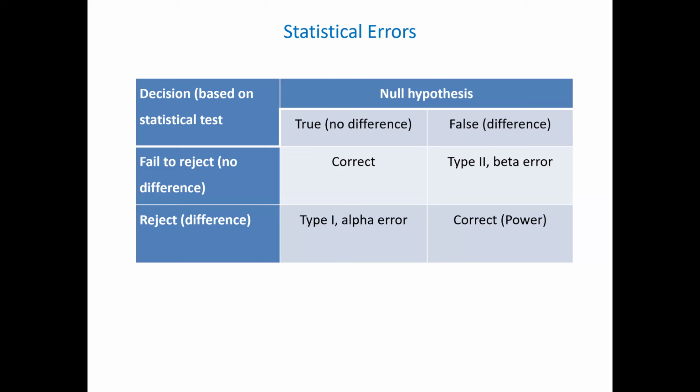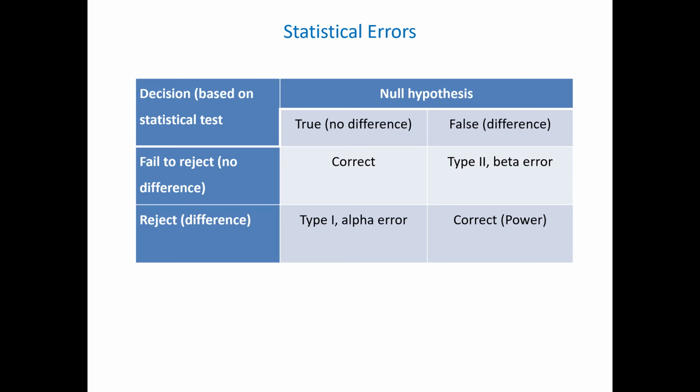But you find a difference. You have committed an error. It's like an error of commission. Something is not there, you say it's there. Type 1 error: rejecting the null hypothesis when it is true.